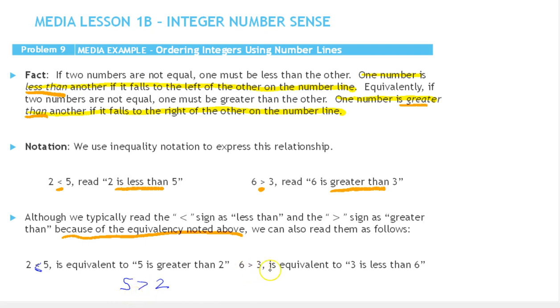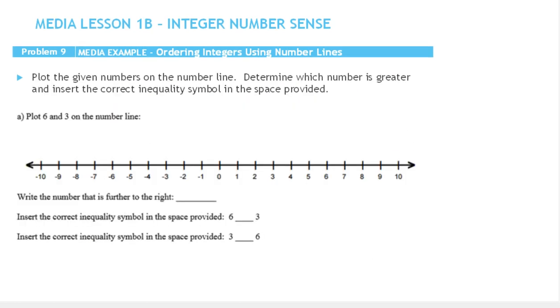Similarly, with 6 is greater than 3, we could also say 3 is less than 6. We could write this, or we could just say this when we read it, noticing that the bigger part of the inequality symbol is pointing towards the 6, so that must mean 3 is less than 6. Learning to use these interchangeably will really help you to get a better understanding of inequalities. So let's look at some examples.